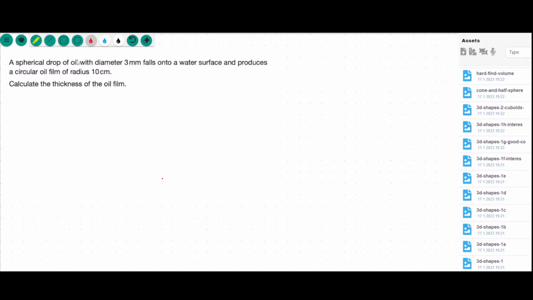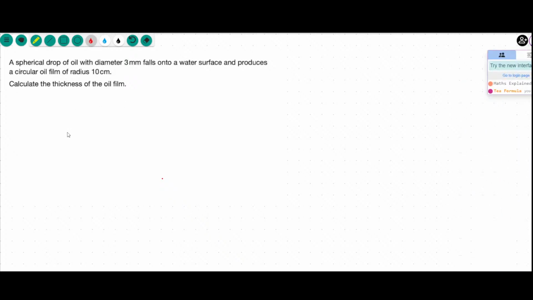So a spherical drop of oil with a diameter of 3 millimeters falls onto a water surface and produces a circular oil film of radius 10 centimeters. Calculate the thickness of the oil film. Is that interesting, right?